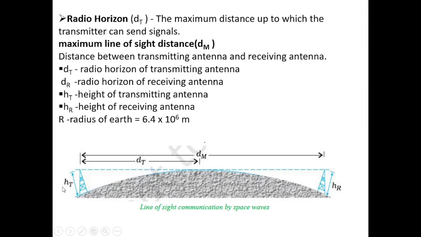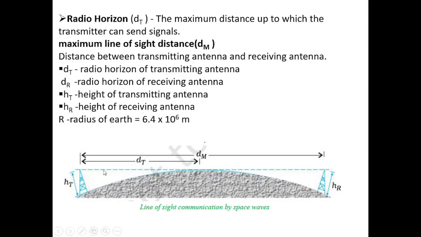DR is the radio horizon of the receiving antenna, the maximum distance up to which the receiver can receive the signals. HT is the height of the transmitting antenna, HR is the height of the receiving antenna, and R is the radius of the Earth.